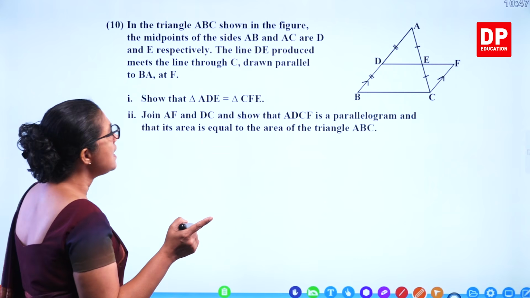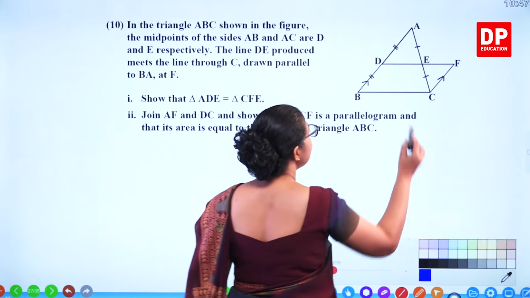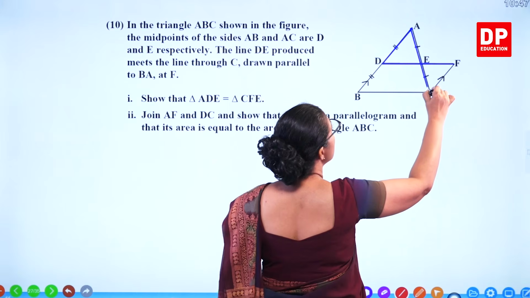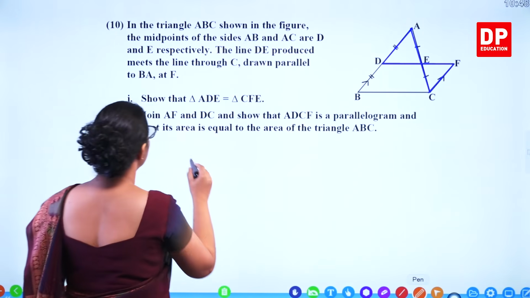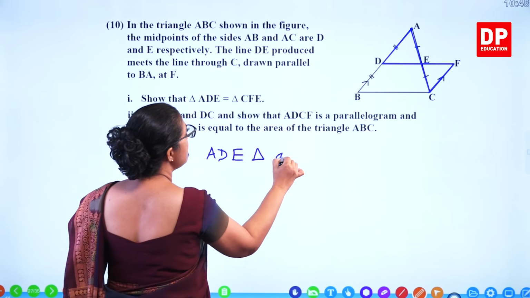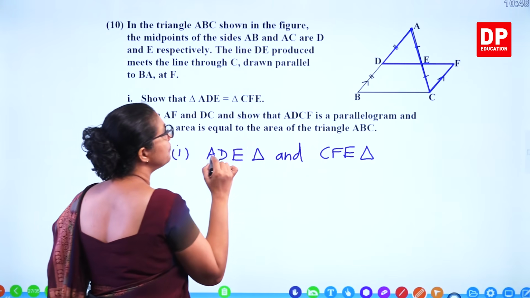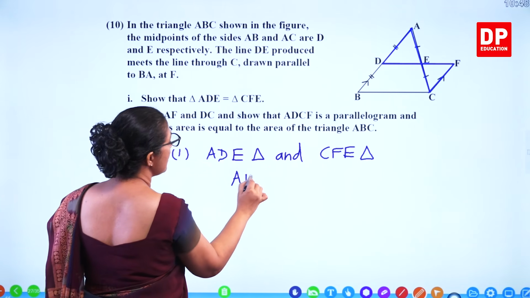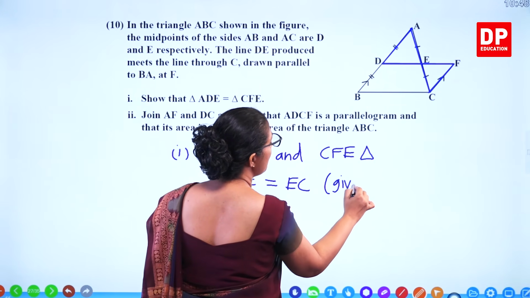Show that triangle ADE and triangle EFC are both congruent. So that's the first step. Triangle ADE and triangle CFE. What do you know? It's given, AE is equal to EC. That's given, because of the midpoint.